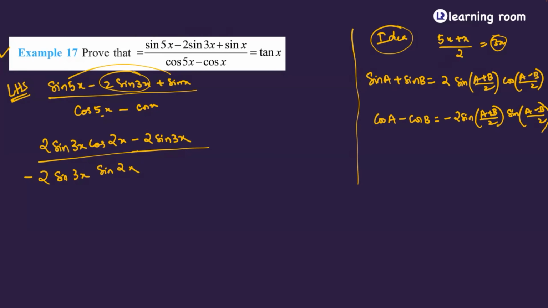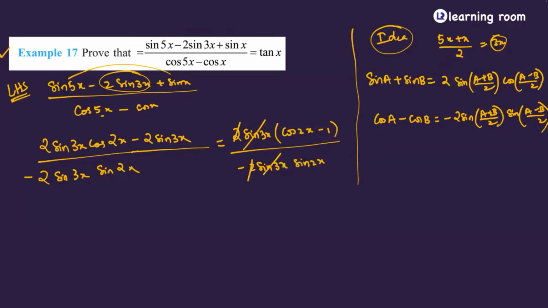Now, the next step is 2 times sine 3x into cos 2x minus 1, the whole divided by minus 2 sine 3x into sine 2x. So 2 and 2 will get cancelled, sine 3x and sine 3x are gone.